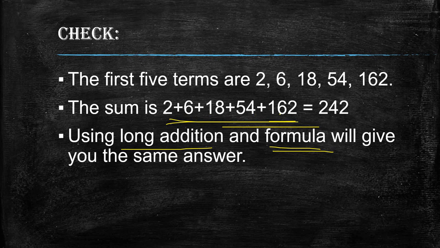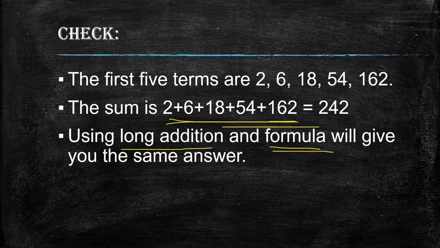Pero what if tinanong yung first 20 terms, first 30 terms. So, medyo marami na yon. Kapag nag-long addition ka doon, talagang haba yung computation mo. Whereas kapag kinumpare mo siya sa pag may formula ka, direct to the point ka sa problem mo, sa goal mo na kunin lang yung sum.